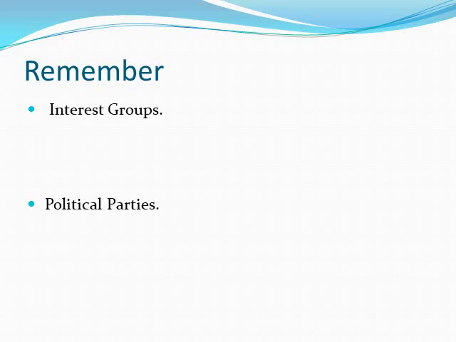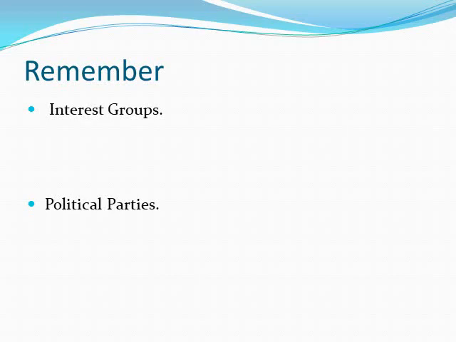Okay, let's start. The first part of our section today is to remember what we have discussed in the previous sections. We have discussed two main topics: interest groups and political parties. We agreed to ask three main questions in any topic: what, why, and how. So what are interest groups?